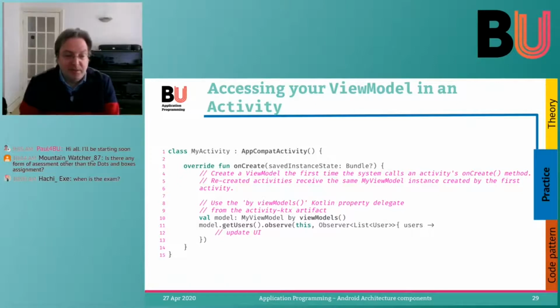And then when we actually have data, it will call this lambda with a users parameter of type list of user, and then you can update your UI accordingly. That's how that works. Fairly simple after you get your head around it.